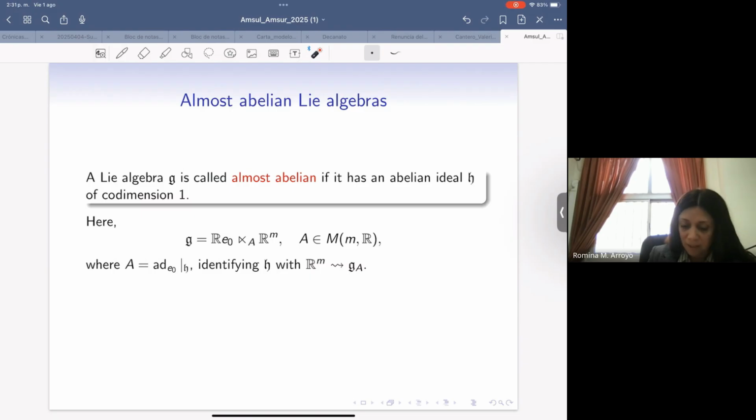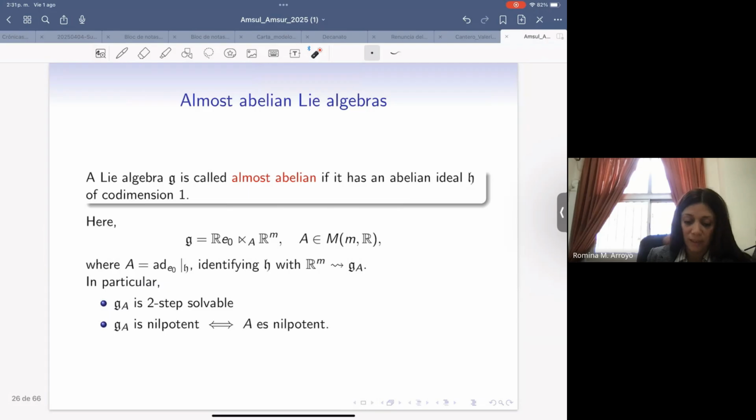The good thing is that if you have this matrix A, you have all the information that you need in order to understand the Lie algebra. All the information is encoded in this matrix A. So these are solvable Lie algebras.